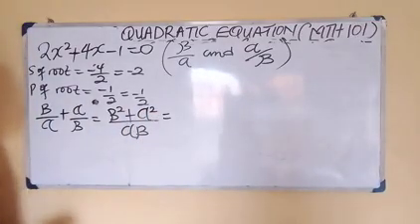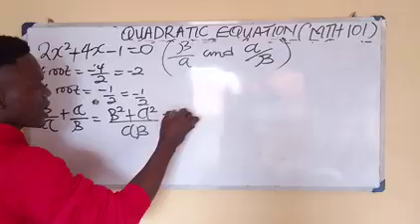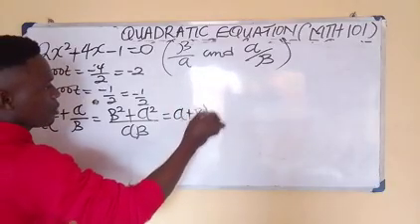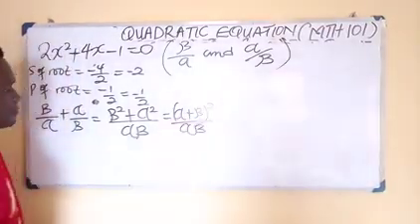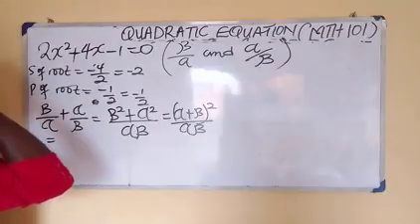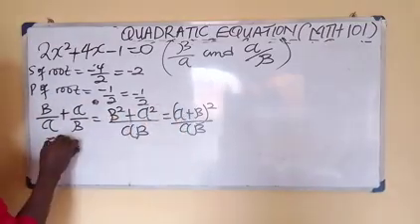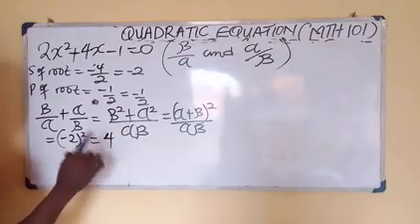True or false? True. It therefore means that alpha plus beta all raised to 2 over alpha beta. Then we go back to the original equation. We got that the sum of roots is minus 2. So minus 2 all raised to 2 will give me positive 4.